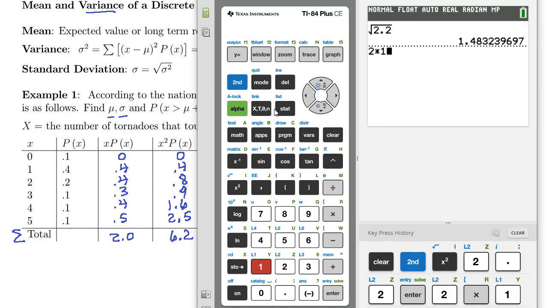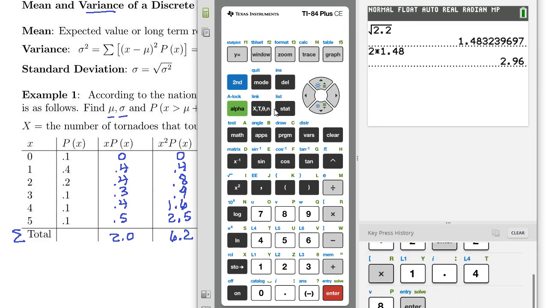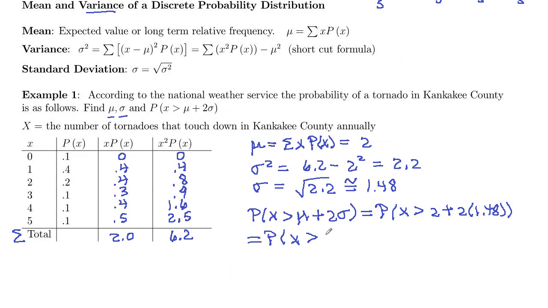So 2 times 1.48 is 2.96, plus 2 is 4.96. So that's just asking what are the chances x is greater than 4.96. Well, there's only one value in the x column here that's greater than 4.96. It's 5. So this is just asking what is the probability of 5 tornadoes. That's the only value that's more than 2 standard deviations above. And that probability is 0.1. And there we have it. We answered all 3 questions.